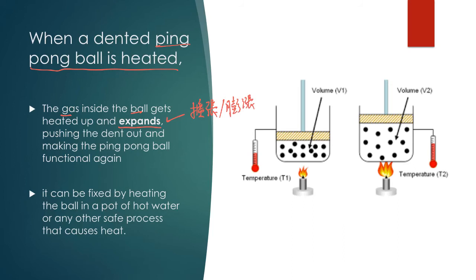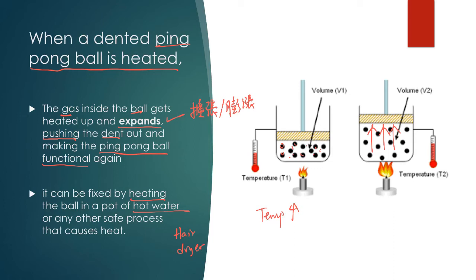This will eventually push the dent out and make the ball functional again. Which means that if we increase the temperature, the volume will expand and increase. Instead of hot water, I saw on the internet that they use a hair dryer. They can also use a hair dryer to repair the ping pong ball.